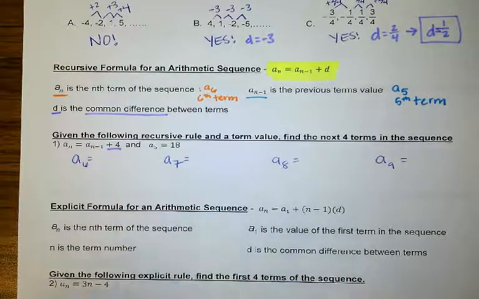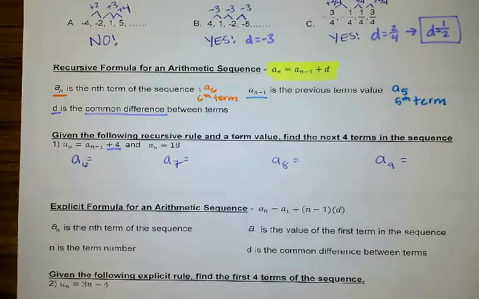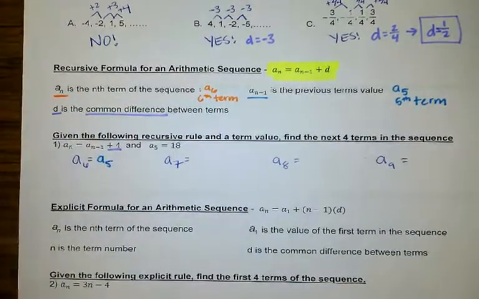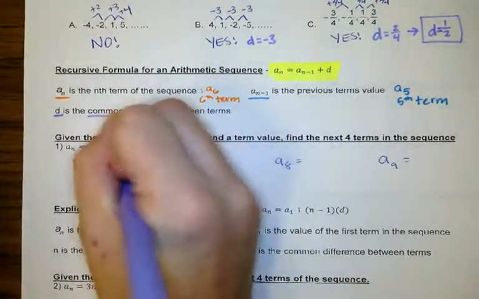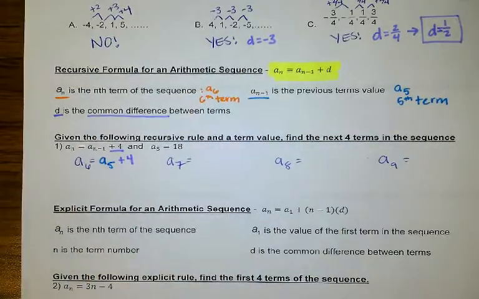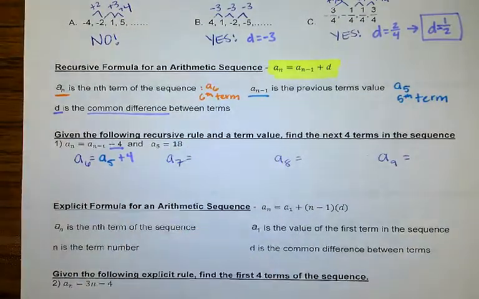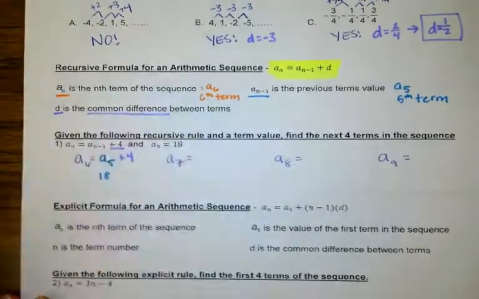If I was going to write this officially, I would say a sub 6 is equal to a sub 5 plus 4, right? Well, what's my a sub 5 again? 18. So I'm just going to put 18 plus 4.